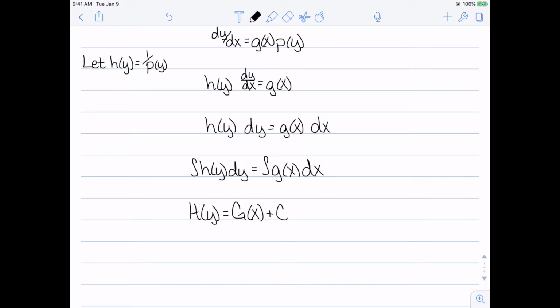So let's do some examples. I have dy/dx = (x - 5)/y^2. We can multiply through by y^2 dx. That gives us y^2 dy = (x - 5) dx.